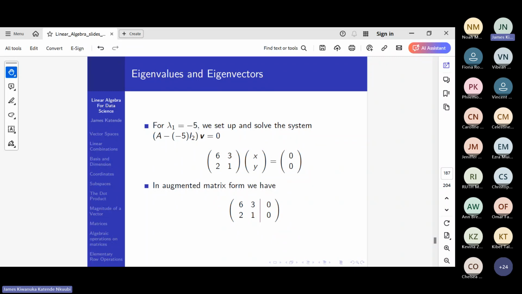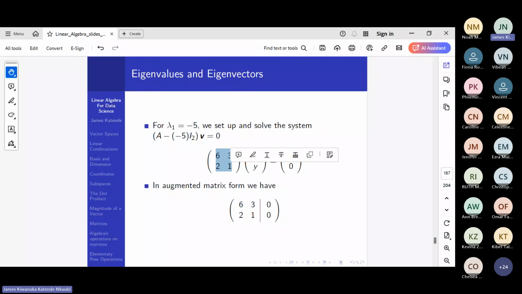For each value of lambda that you obtain, you have to create this matrix. In this case, lambda is -5. So we just make that substitution here in this expression. And when you do that, your answer is this.